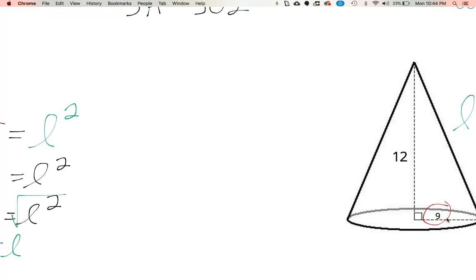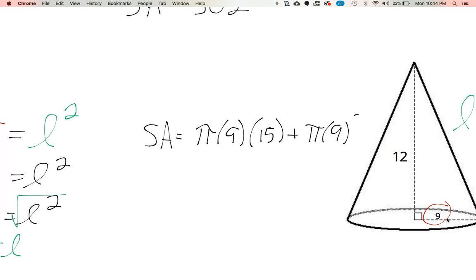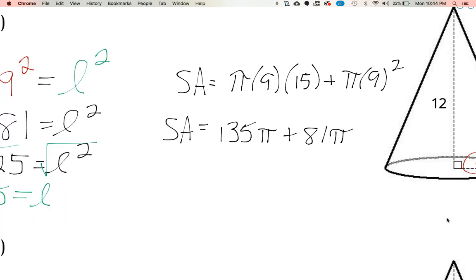So surface area equals pi r L plus pi r squared. This is 135 pi, because 9 times 15 is 135, plus 81 pi, which is 216.